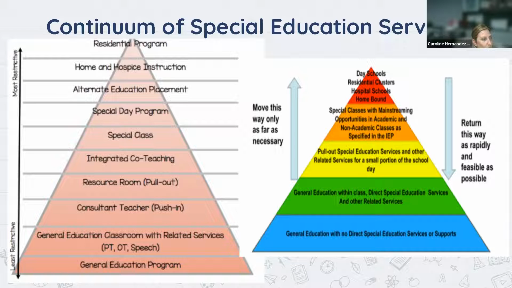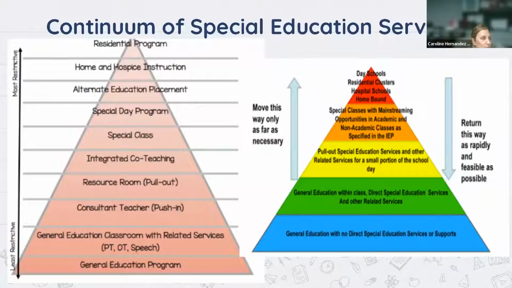So maybe they need some support with speech or occupational therapy or physical therapy, but throughout the day, they go to all of the general education classes with no academic support. So that's towards the bottom of this pyramid, and that is the least restrictive environment.